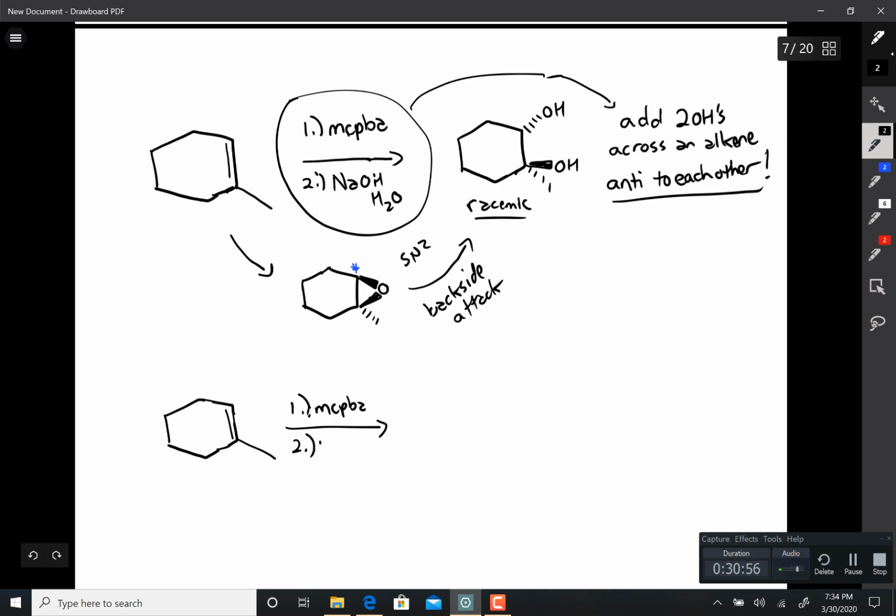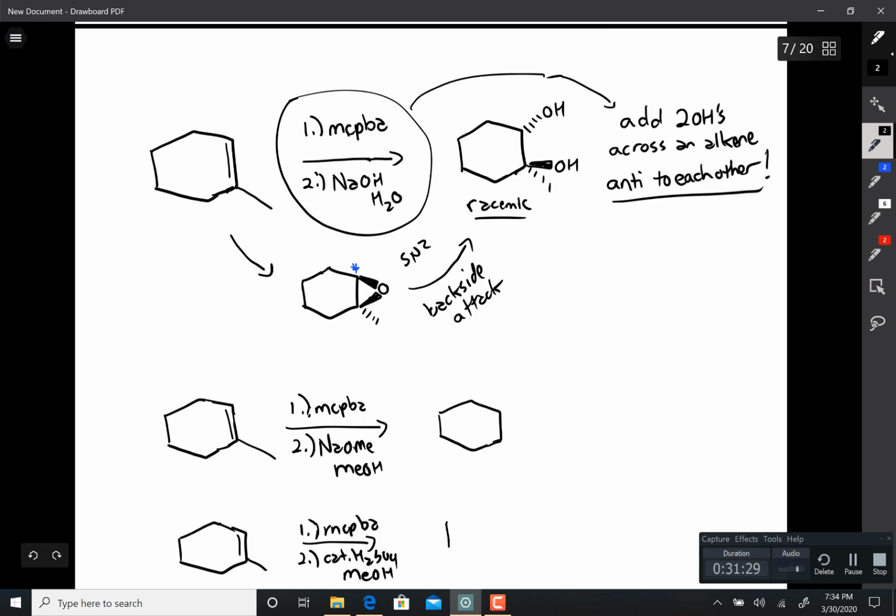Now if we added it with sodium methoxide and methanol, or if we had the second step, acid and an alcohol like methanol, what we do is add an OH and an OMe across an alkene.